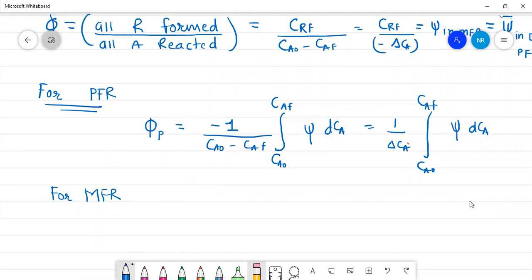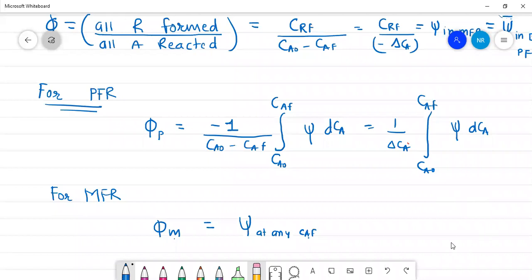So for the CSTR, phi m is equal to psi at any CAF, so only one CAF is there. Whatever the psi is, it is the same as the phi of the mixed flow reactor.